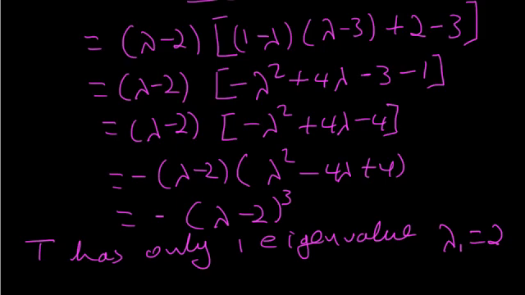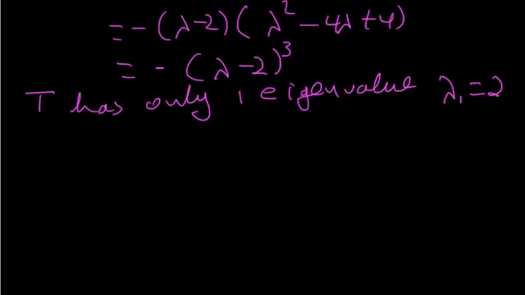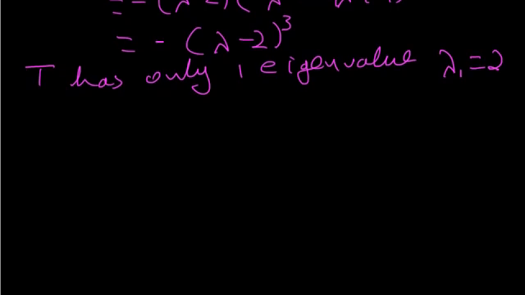Now we need to find the eigenvectors of T, or eigenspaces of T, which are the eigenvectors and eigenspaces of A. So we need to find the null space of A minus 2I.